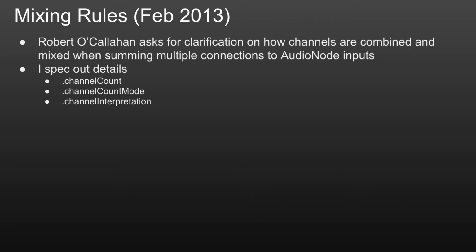And then a little bit later, I guess around January 2013, Robert O'Callahan was working on the implementation in Mozilla, and he noticed that the specification was not really clear about how the mixing happens when you connect multiple audio nodes to a single audio node input.